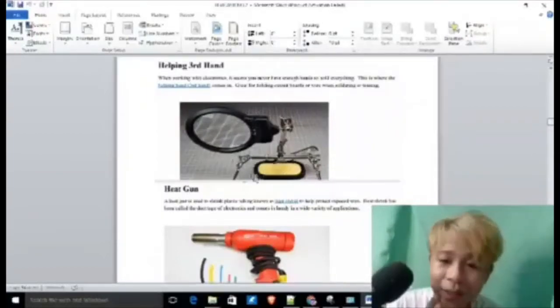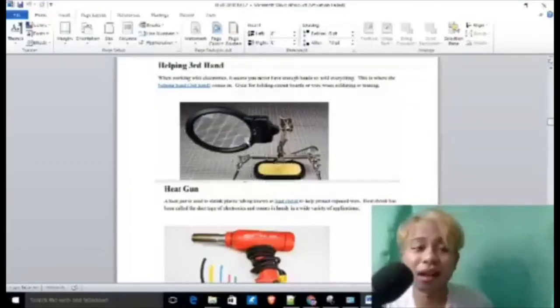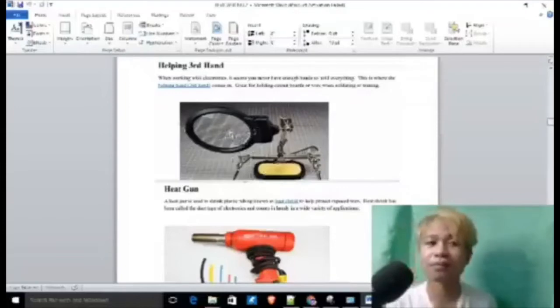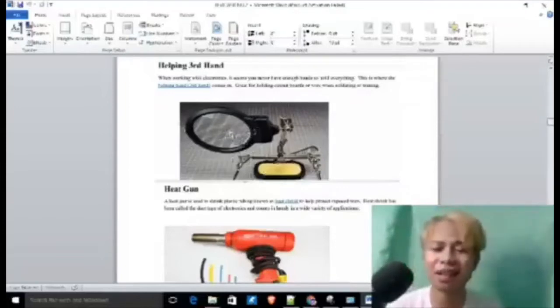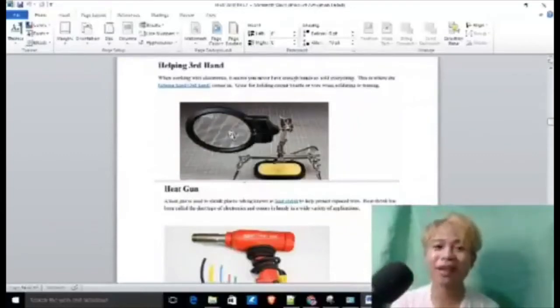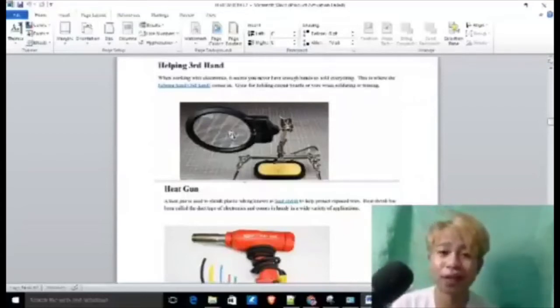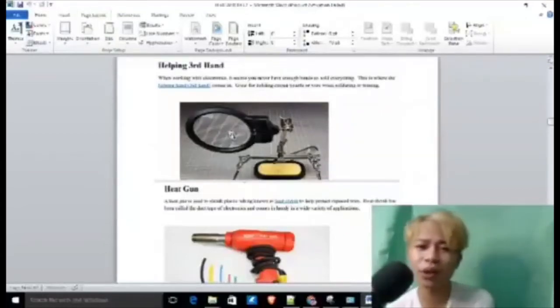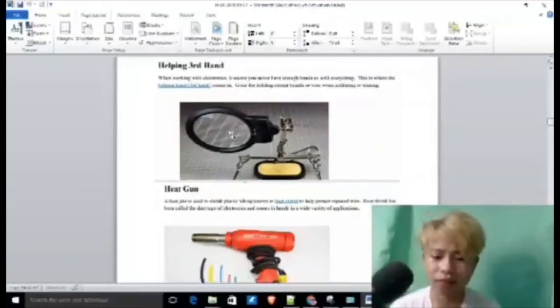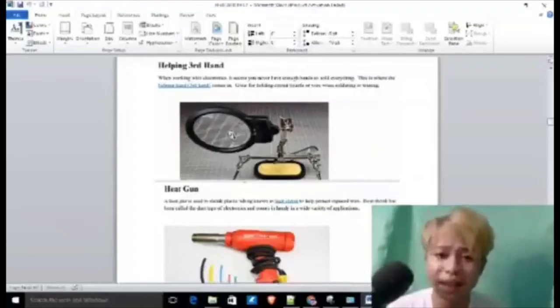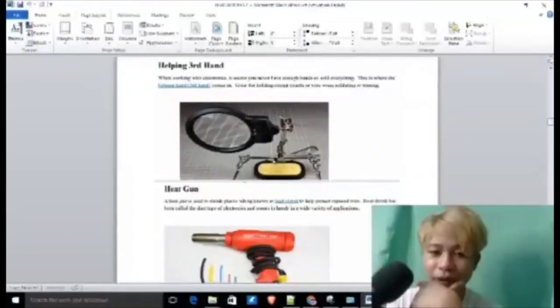One thing that popped up in my mind when I see this is that it's like a big magnifying glass to see the materials deeper, mostly for soldering. I think they use it to see clearly the wires, especially small wires. So, going forward to the heat gun.